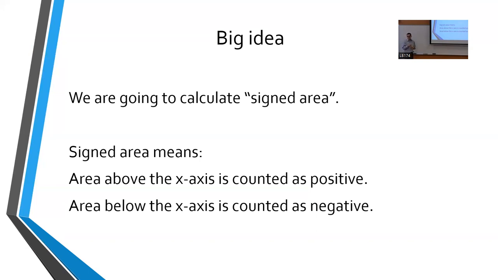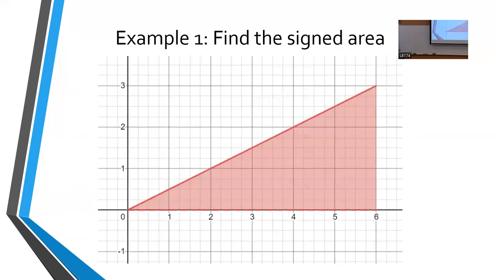And if our curve is above the x-axis, the area between the curve and the x-axis is counted as a positive area. However, if our area is below the x-axis, then the area between the x-axis and the curve is counted as a negative. Does that make sense?